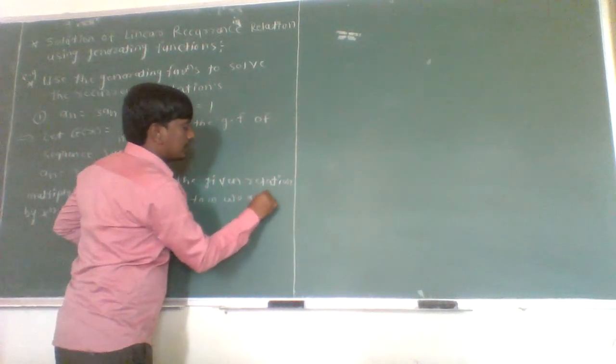Here first we have to multiply this equation by x to the power n, and then we have to take the sum from 1 to infinity.